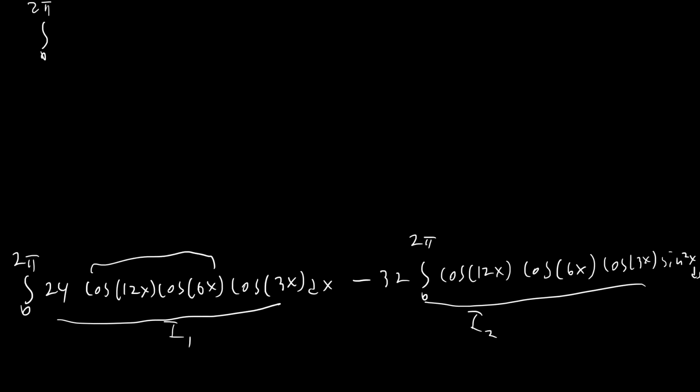So it's going to be 1/2 cosine a plus b plus 1/2 cosine a minus b, I believe. Yeah, that should be it. So we're going to get 12 cosine 18x plus cosine 6x, right? That should be correct. And then cosine 3x, of course.